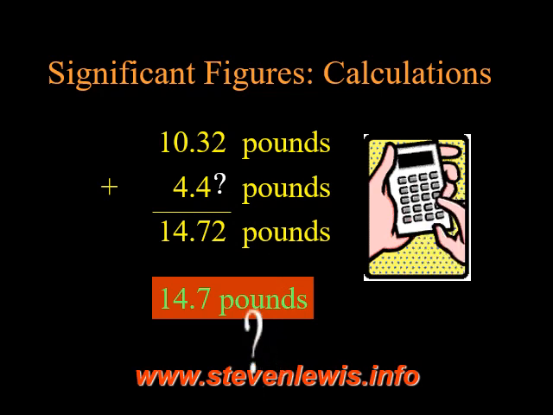It could be 1, it could be 4, it could be 7, it could be 0. When we did the math, the assumption was that it was 0, but that's an assumption. So the second digit to the right of the decimal in our answer is really a guess. Because it's less than 5, we simply drop it and report our answer as 14.7 pounds.